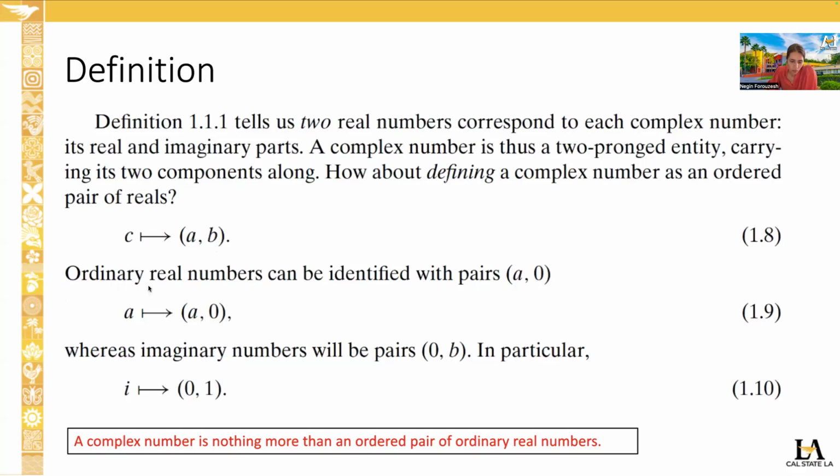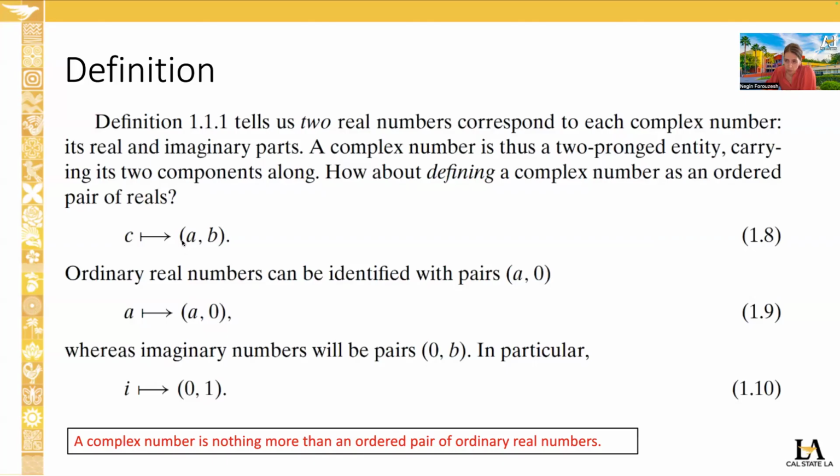If you have an ordinary real number which does not have that imaginary part, it means that the second component of this pair is 0 and you only have A. And if you have I as your imaginary number, then there is no real part and you're only dealing with the imaginary number. Since it's I, its coefficient is 1 and you just store it there. So in this case, a complex number is nothing more than an ordered pair of ordinary real numbers.